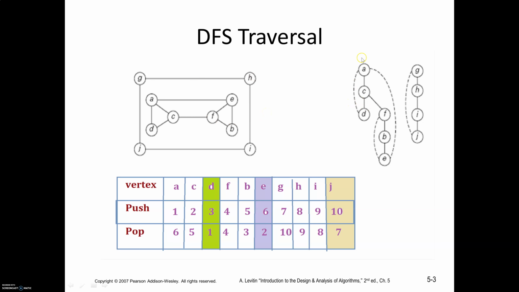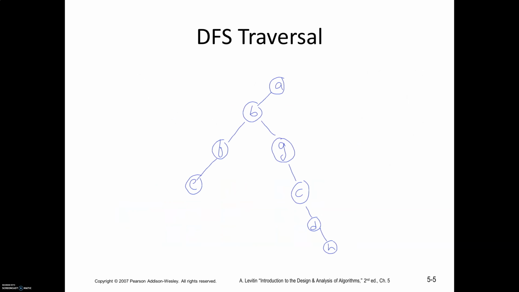If you get a back edge, then you can say the graph is a cyclic graph. When there is no back edge, then the graph is not cyclic. It is an acyclic graph. These properties can be derived when you apply the DFS traversal algorithm.